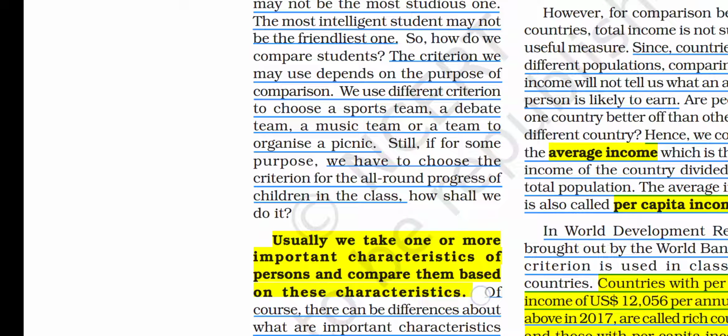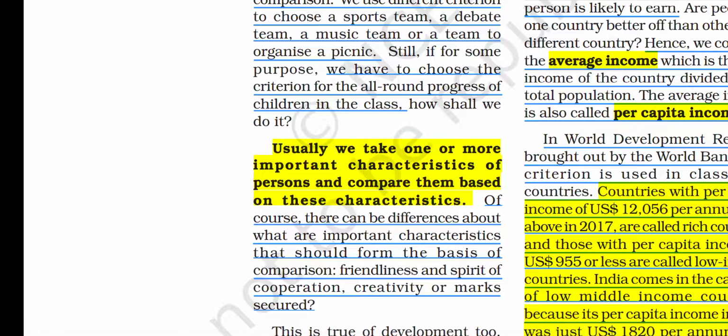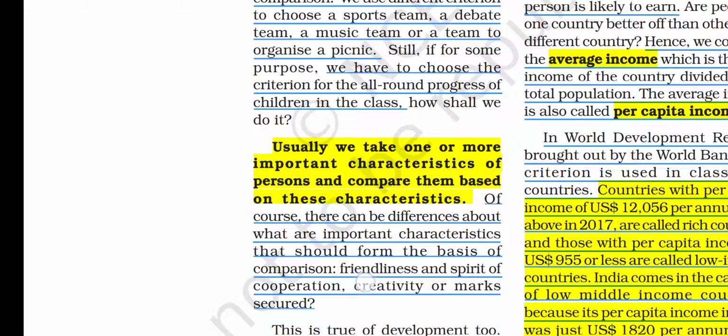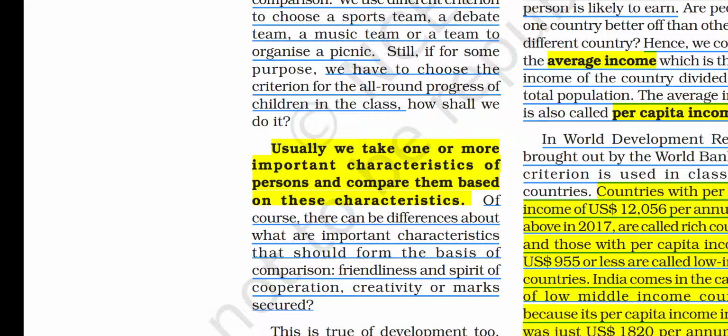Of course, there can be differences about what important characteristics should form the basis of comparison. Friendliness and spirit of cooperation, creativity, or marks secured could be the criteria on which we can compare students for overall development.